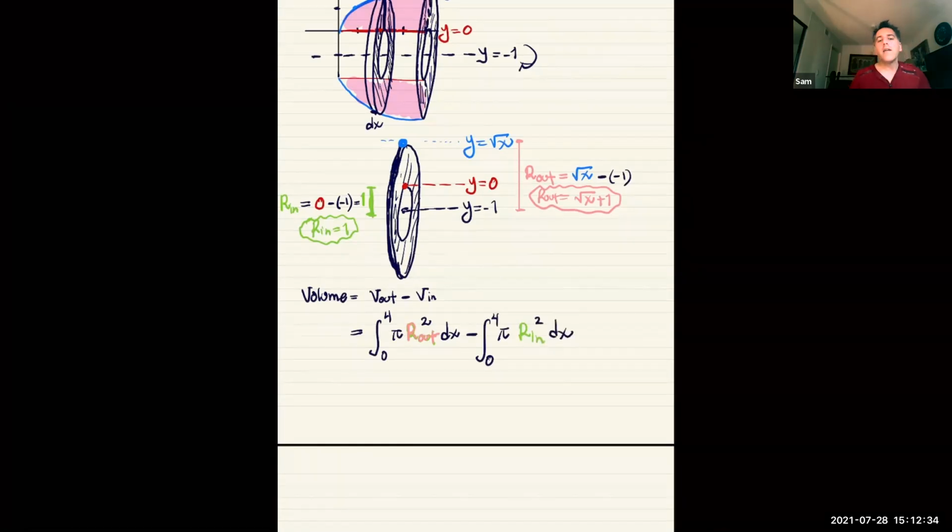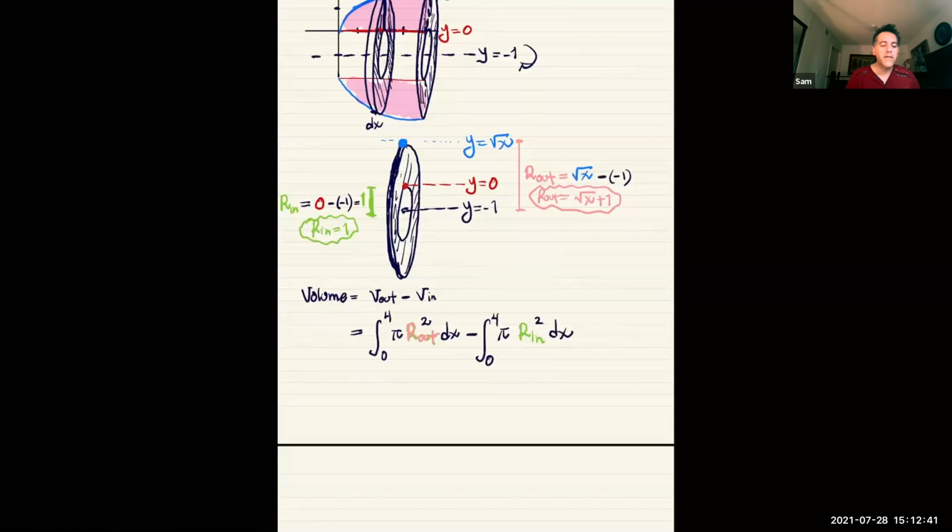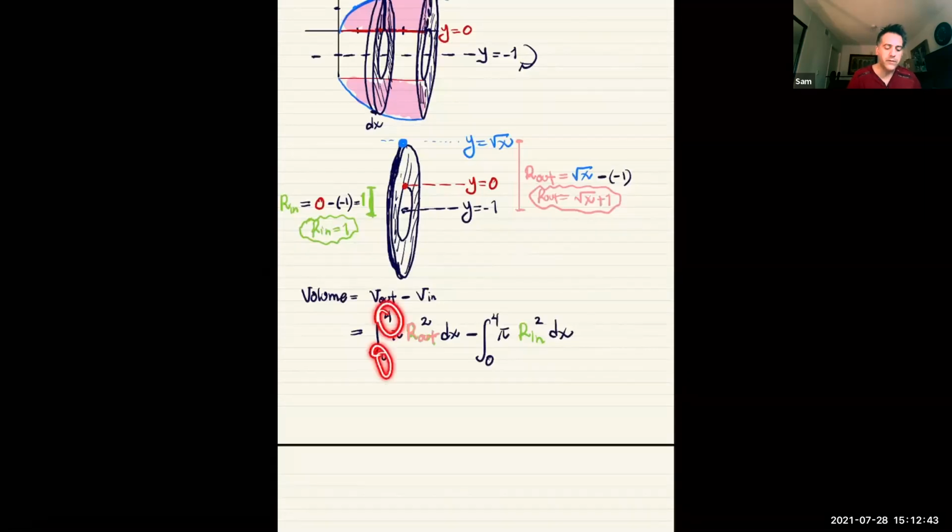Okay, and since both of these integrals have the same limit of integration, they both go from 0 to 4, I can just express this as one integral, and I can even factor out the pi.